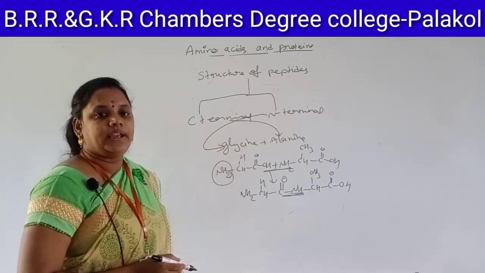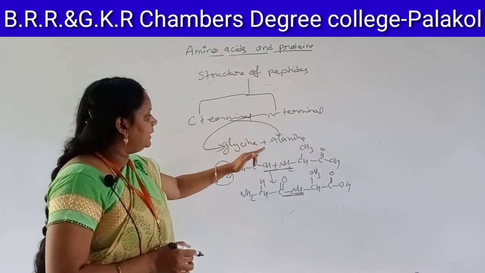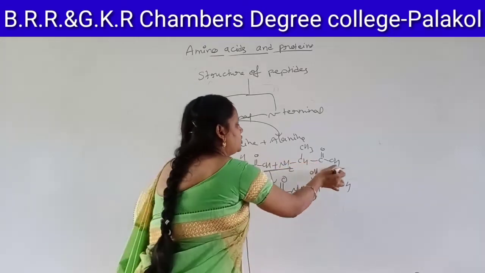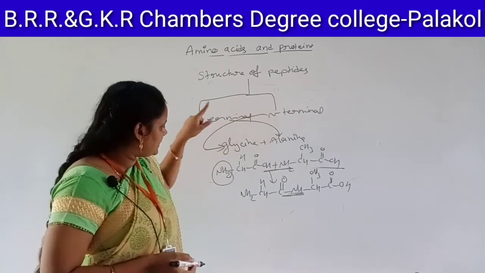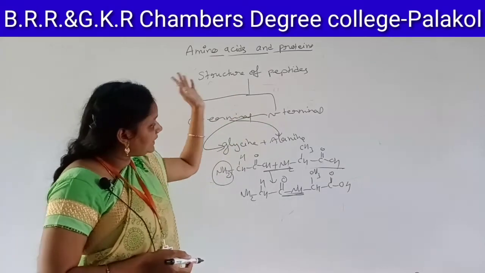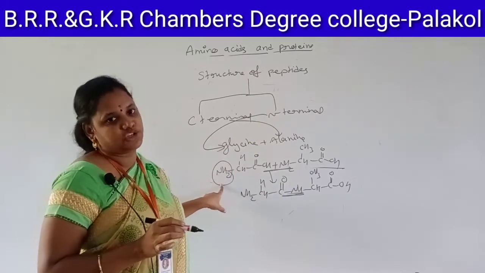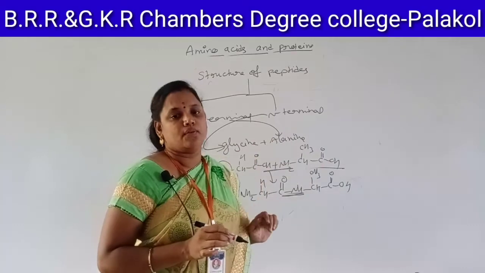Whereas the C terminal is called C terminal because we have a free COOH group. Understood, students? Here N terminal is glycine because it has a free NH2 group, and C terminal is alanine because it has a free COOH group.